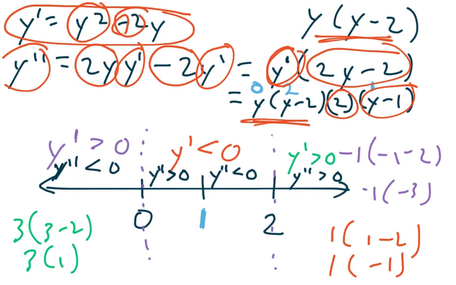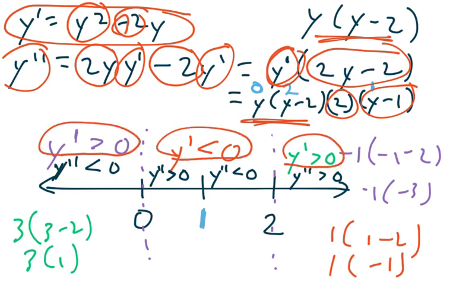Okay? So now what? Let's do a phase line for our second derivative. All right? So notice I already went ahead and put in the information on the first derivative, but now we're going to do a similar thing on the second derivative. So let's say we plug in -1, which is to the left of 0, right?